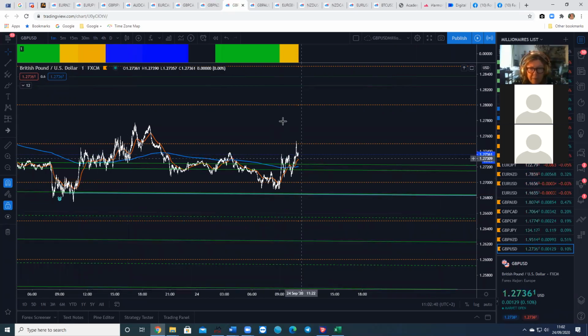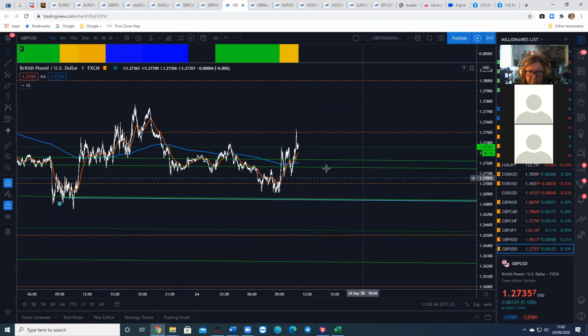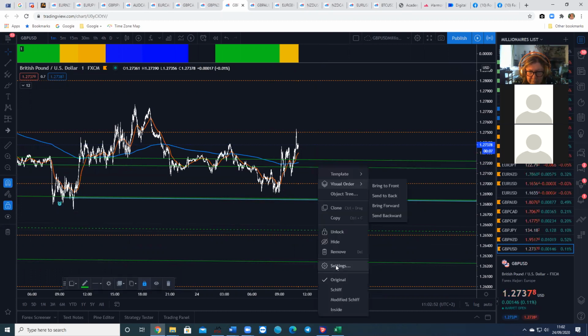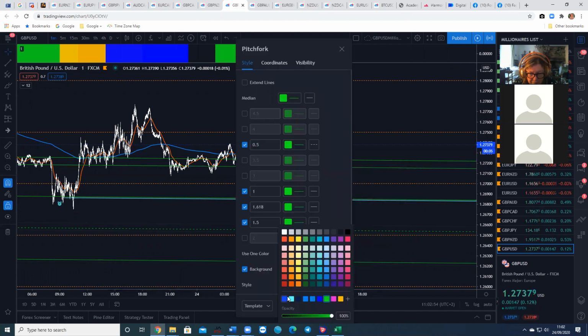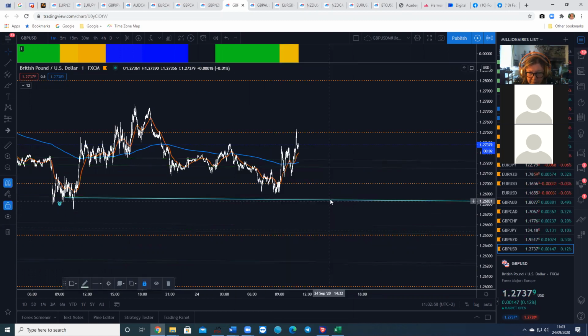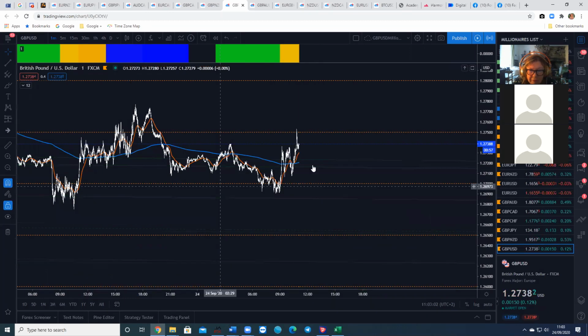So it's come out of that scan, but I'm not sure if I've got a new scan to put it in. So let me just fade that one down. Take that off. And have I got another scan?